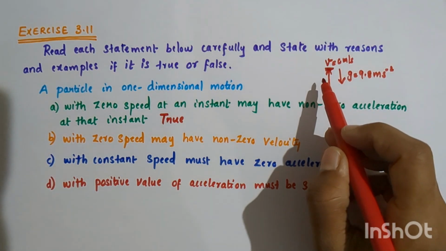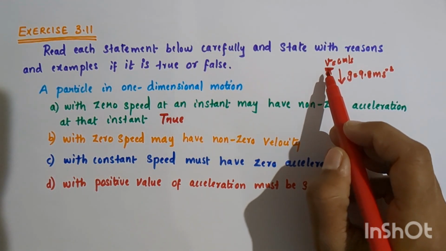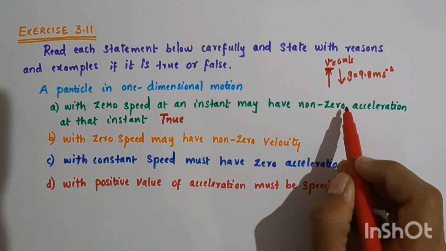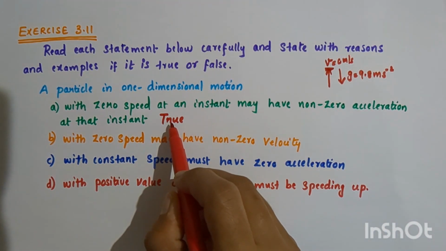The vertically upward motion is a one-dimensional motion. So at the maximum height, the particle has zero speed, but it has a non-zero acceleration, which is equal to the acceleration due to gravity. So it is a true statement.